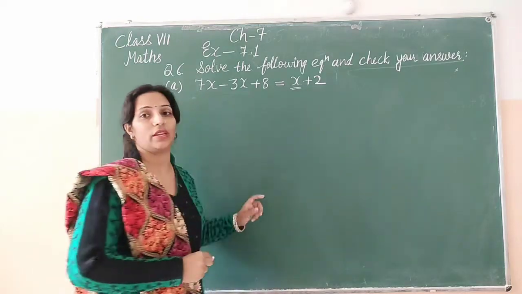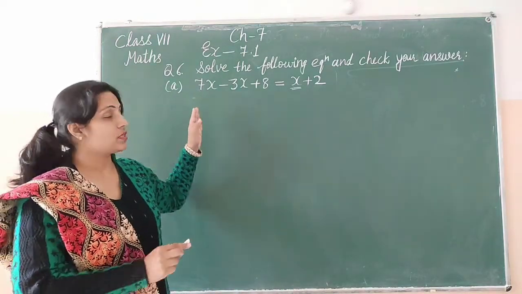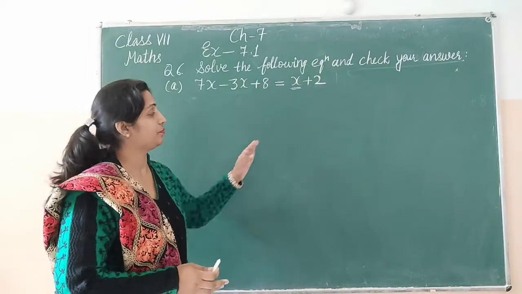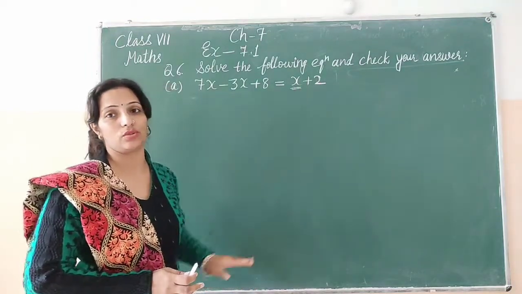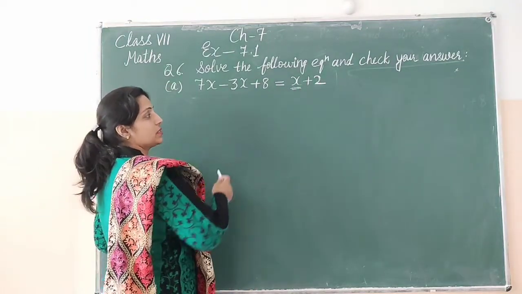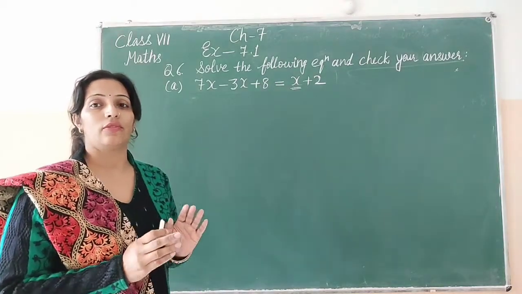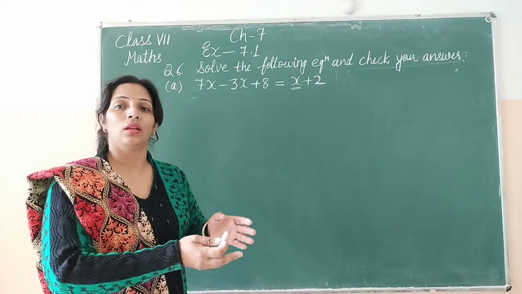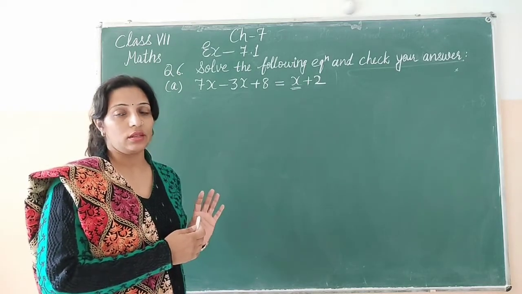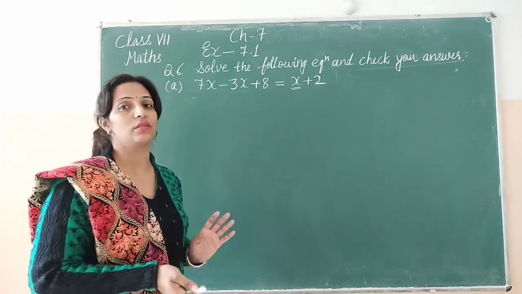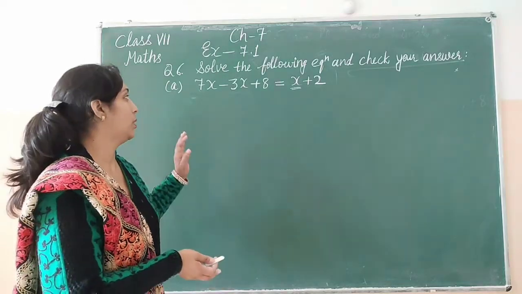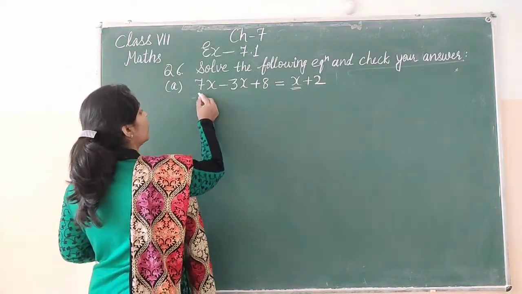It is variable x. Means variable is on both the sides. And a constant term is written on right hand side also. So for solving our equation, finally we have to take variables one side and the constant terms on another side. Let us see how to do.